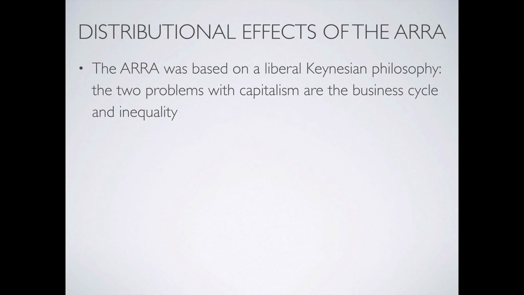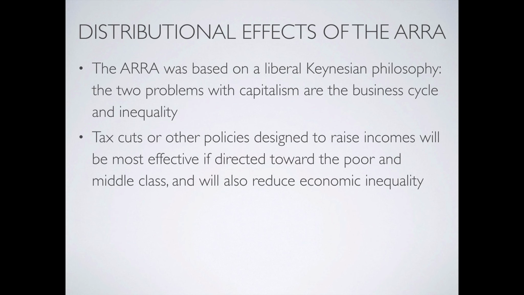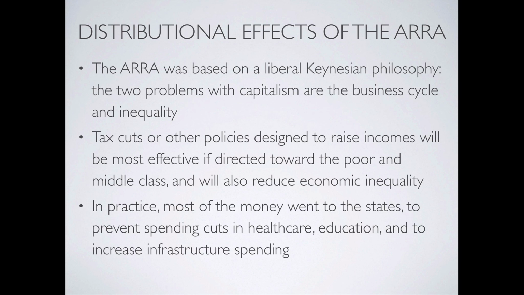The ARRA, like I said, was based on a liberal Keynesian philosophy. Again, the two problems of capitalism, the business cycle and inequality. And the thinking here: tax cuts or other policies designed to raise incomes will be most effective if they're directed toward the poor or the middle class, and that will also reduce economic inequality.